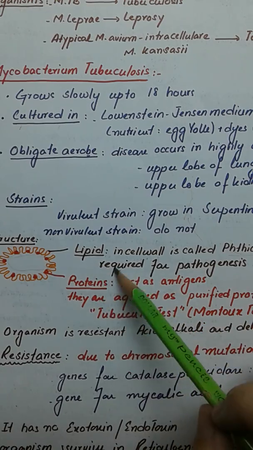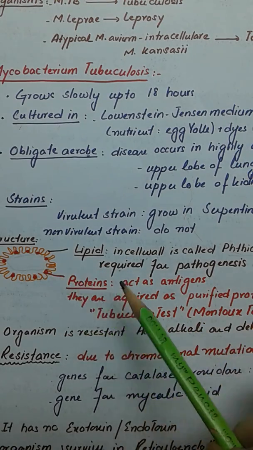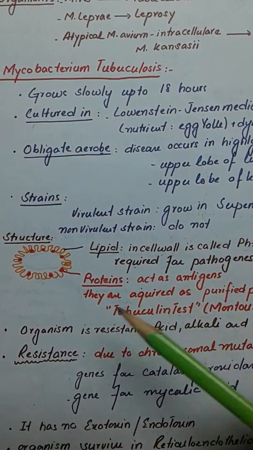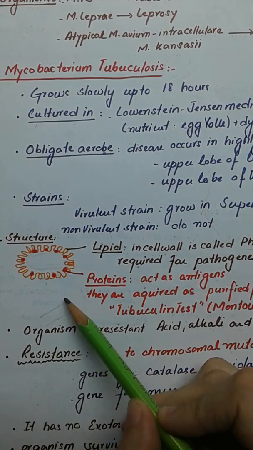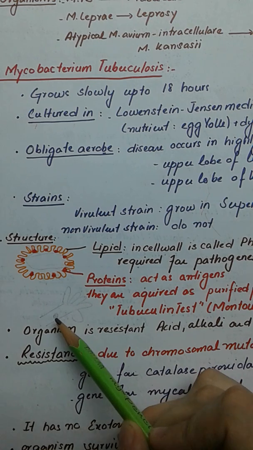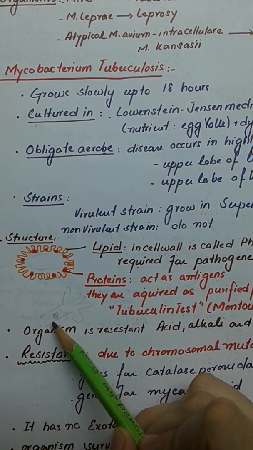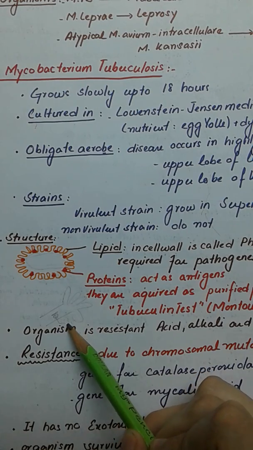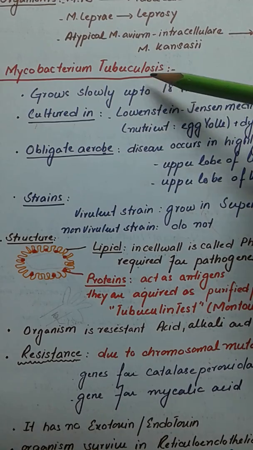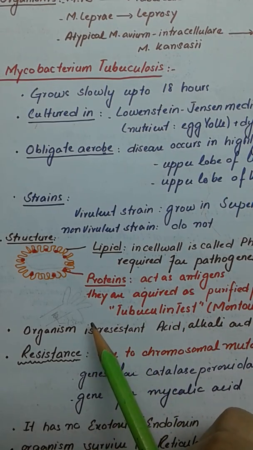Now, we acquire these proteins and grow them as purified protein derivative, and then we inoculate them into the skin for a few weeks, and we measure the size of the induration. If the size of this induration is 15 millimeters, that is specific that Mycobacterium tuberculosis is present within the body or had previously been present.